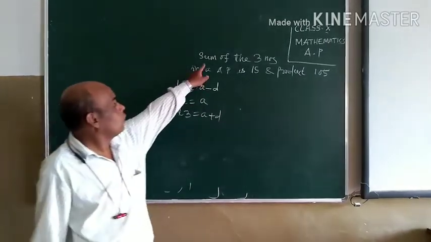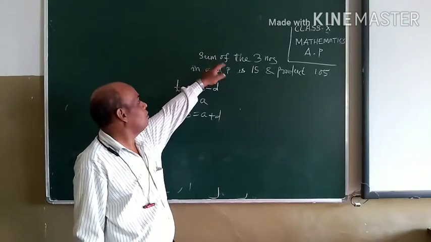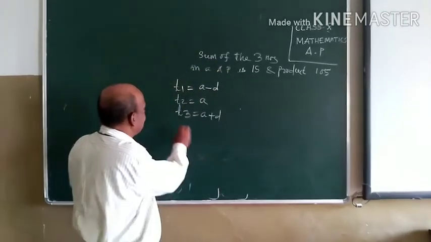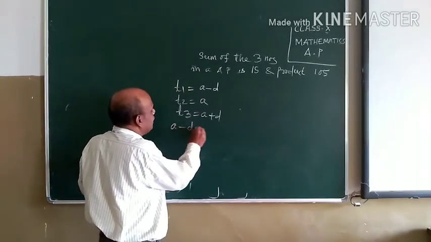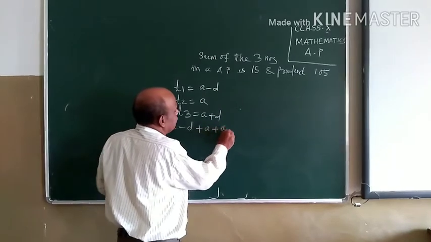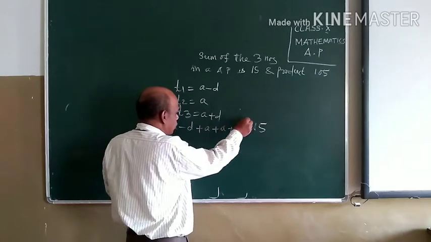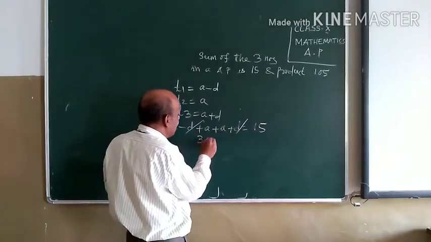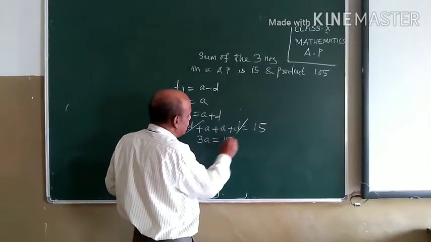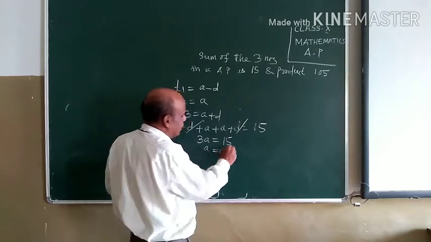Why? Because the sum is given as 15, so we may write a minus d plus a plus d is equal to 15. So plus d minus d will be cancelled. So 3a value 15, a value will come 5.